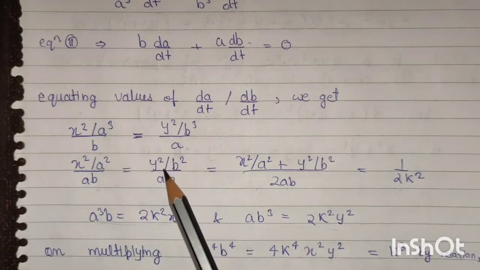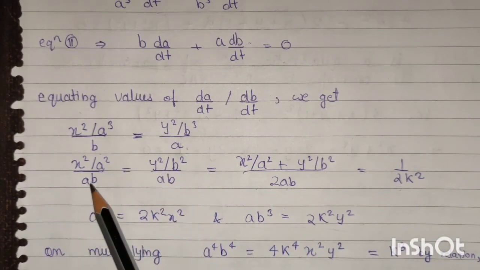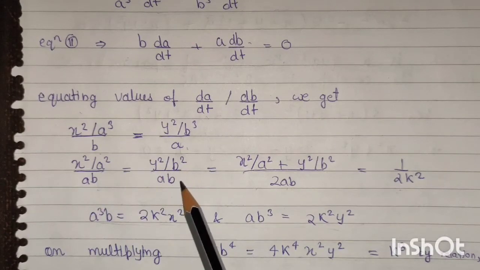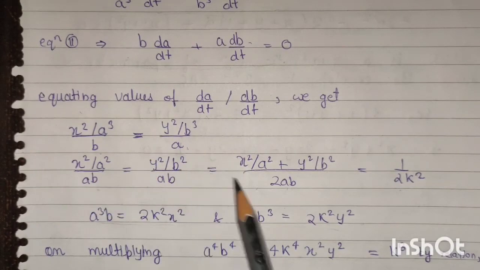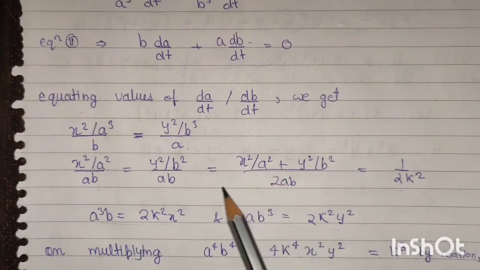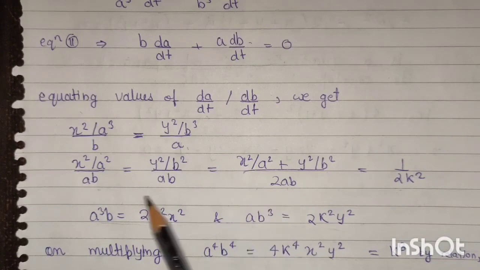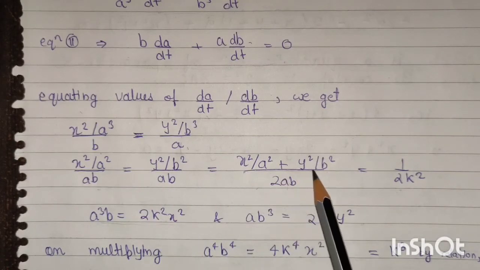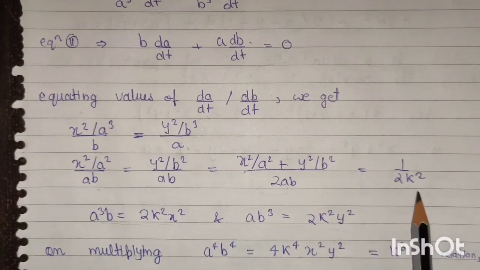Separating 1a and 1b from both of the equations, we will get (x²/a²)/ab = (y²/b²)/ab. On adding both the numerators and denominators, we will get (x²/a² + y²/b²)/2ab, which will be equal to 1/2k² from the above relations of the equations.